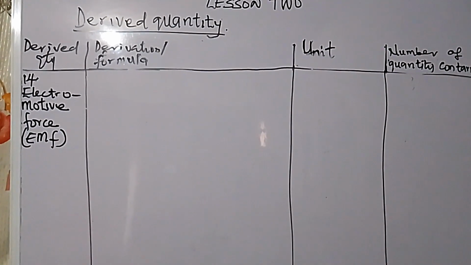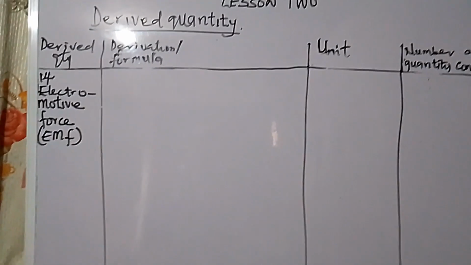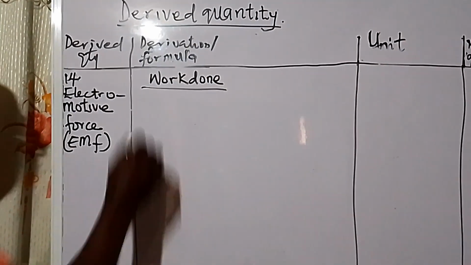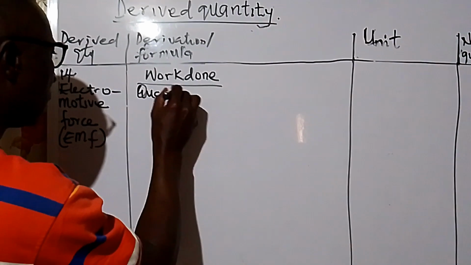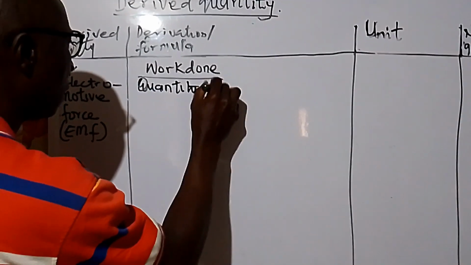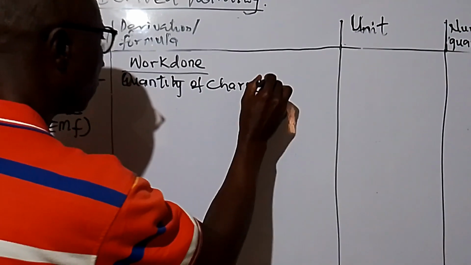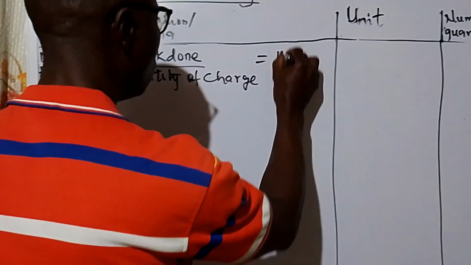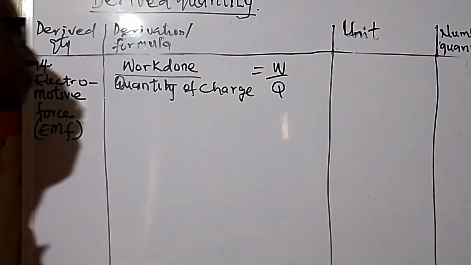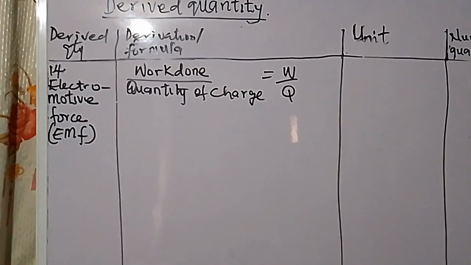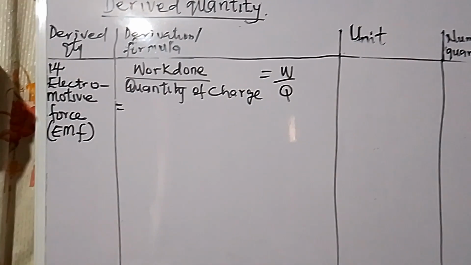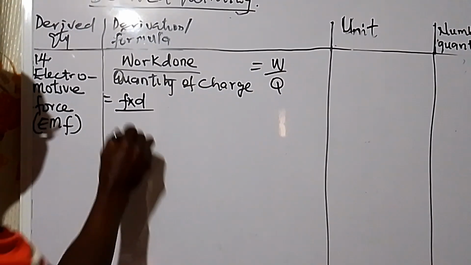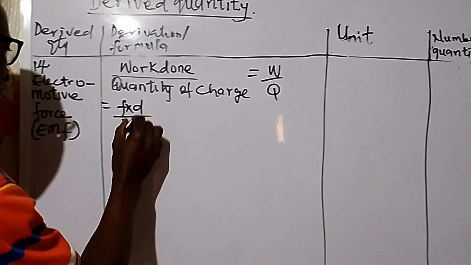The formula for electromotive force is work done over quantity of charge, which is equal to W over Q. We always come across work. So the formula for work will be F multiplied by D, and that of quantity of charge is current multiplied by time.